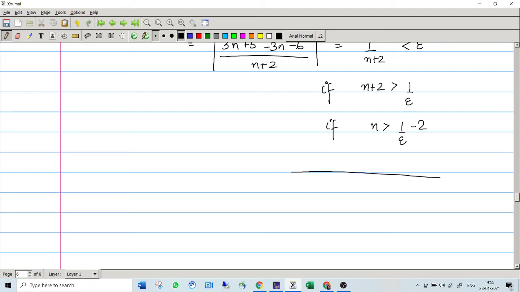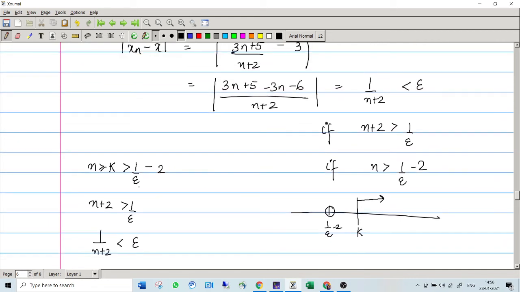Let's say 1 by epsilon minus 2 was somewhere here, so you can always spot a natural number for which, if n is greater than or equal to that number, n is automatically greater than 1 by epsilon minus 2. Means if n is greater than or equal to that particular number k which we have spotted, which is further greater than 1 by epsilon minus 2, you have that n plus 2 is greater than 1 by epsilon. You have 1 upon n plus 2 is less than epsilon.